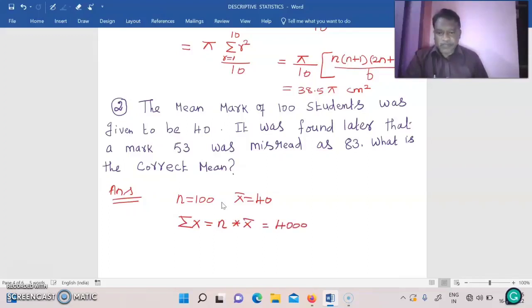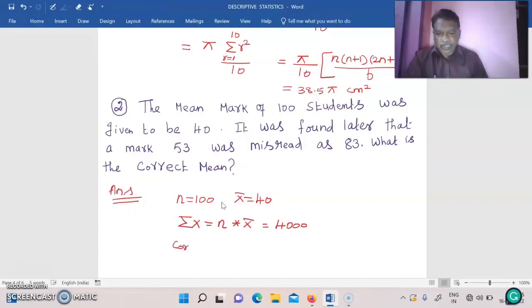Now we must find the correct sum. How can we find the correct sum? The wrong value must be subtracted from this total and the correct value must be added to this total. The wrong value 53 was misread as 83. So 83 is the wrong value.